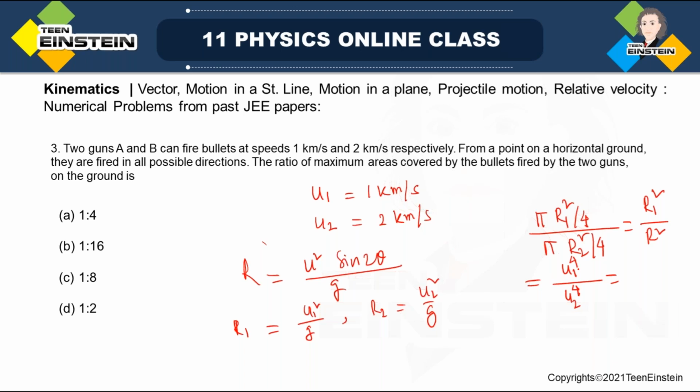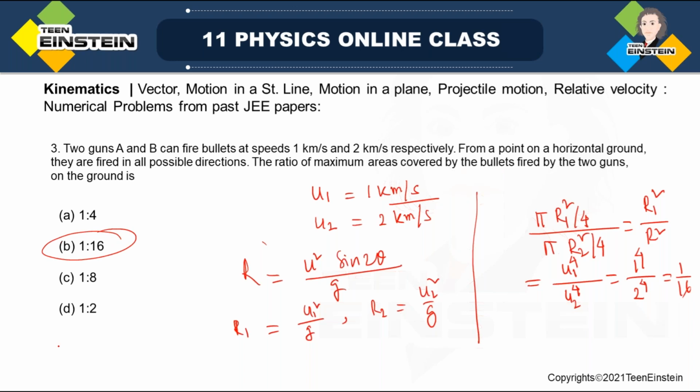Since these are in ratio, I don't have to go for meter and all, units will be taken care of. So it will be 1 to the power 4 divided by 2 to the power 4, which is 1/16. So the ratio of the maximum areas covered by these bullets will be 1:16.